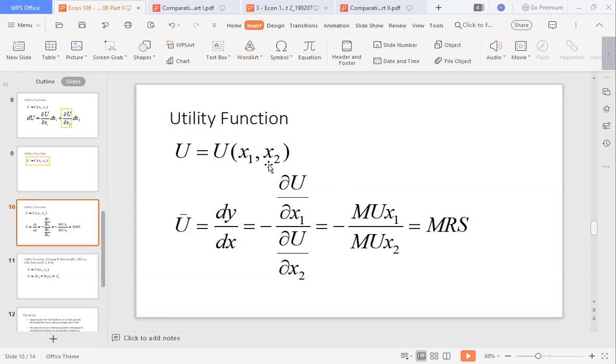Then if you want to make trade-offs, the total change in the dependent variable would be 0, because you are just making trade-offs, perhaps consuming more of x sub 2 and less of x sub 1. But here you are just holding utility constant.